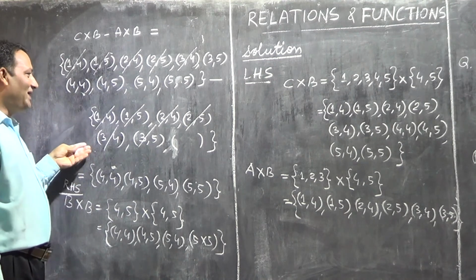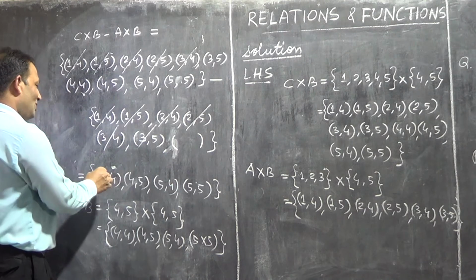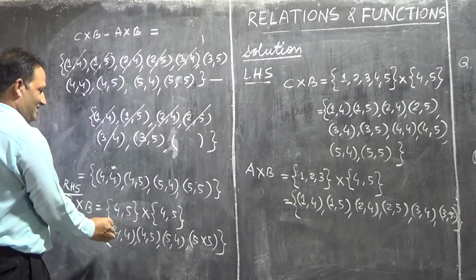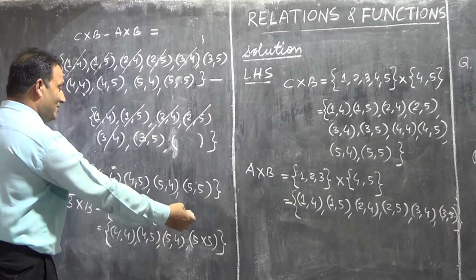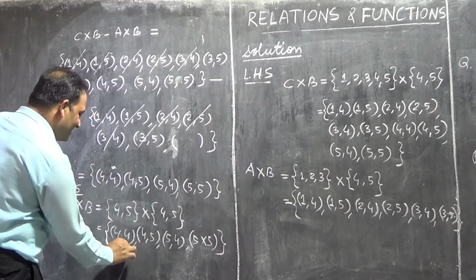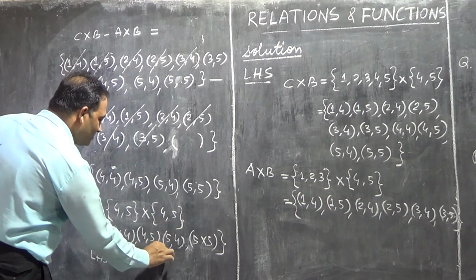On comparing, this is the result of the left hand side, 4, 4, 4, 5, 5, 4, 5, 5, and this is the result of the right hand side, 4, 4, 4, 5, 5, 4, 5, 5. So here you just have to write LHS equal to RHS and prove.